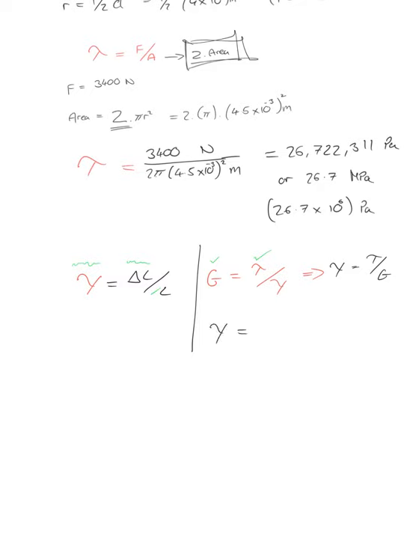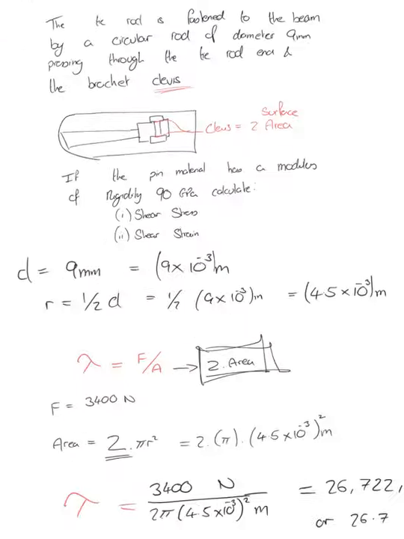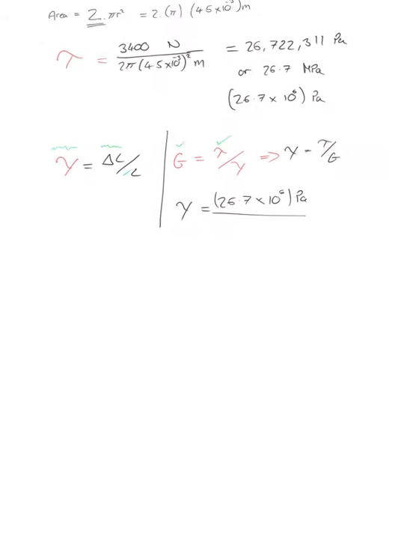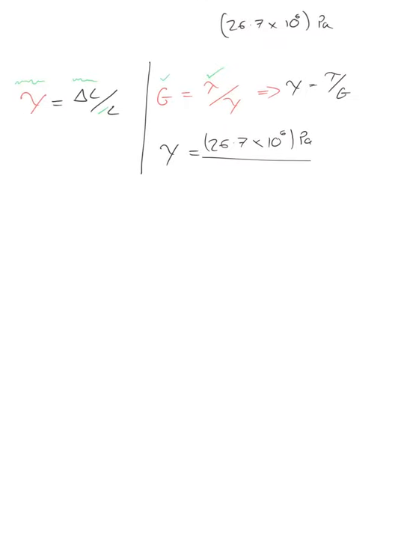All I need to do is plug it in. So stress, I've said, is equal to 26.7 by 10 to the power 6 pascals. G, my modulus of rigidity, I was told up here, 90 gigapascals. Remember, if I have giga, it means by 10 to the 9, so 90 by 10 to the power 9 pascals, that's how I get rid of that G. And I worked this out, and it should equal 0.2966.